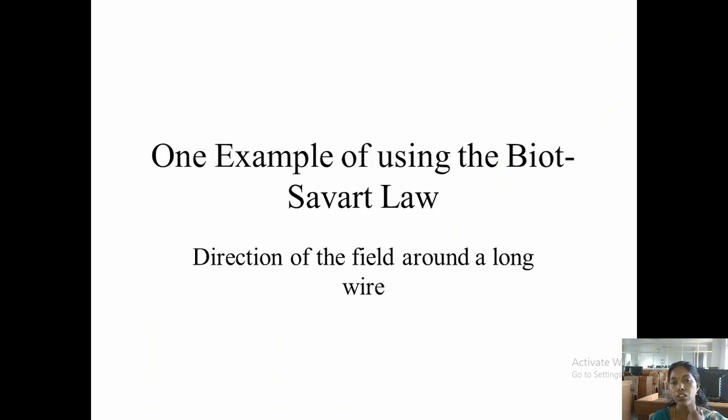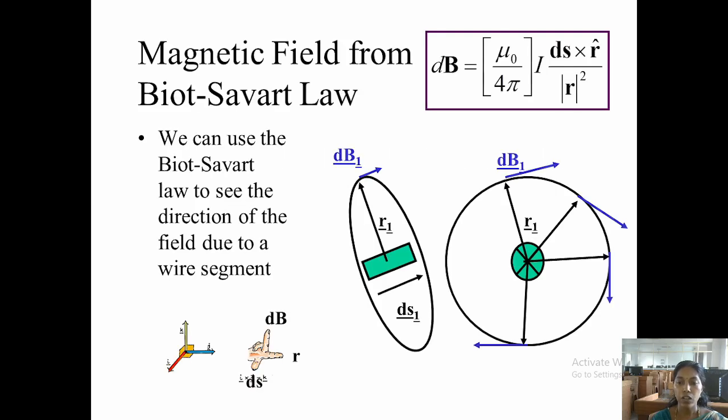An example of using the Biot Savart Law is the direction of the field around a long wire. Here is a wire placed in a circular manner. In the circular manner we take many sections, and one section is at position r1 from the origin.